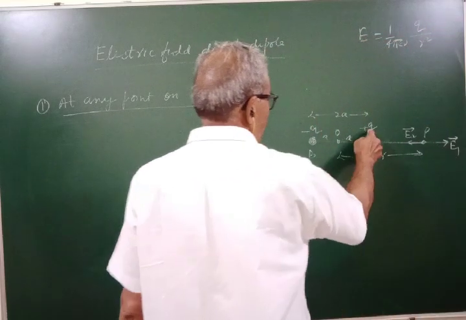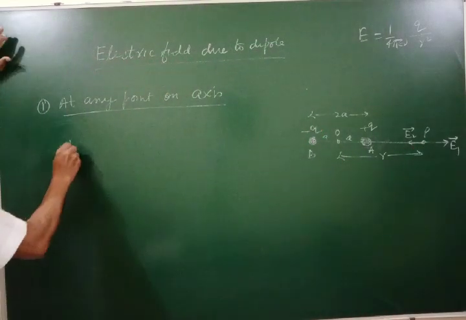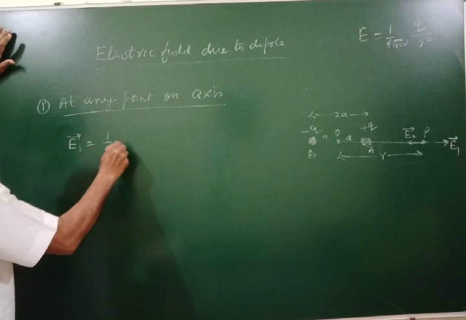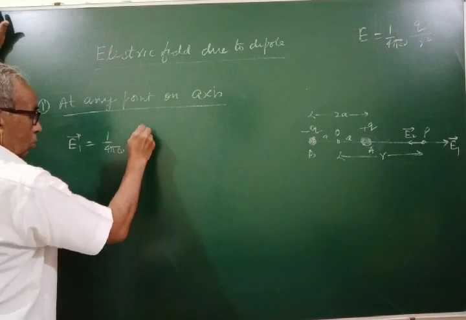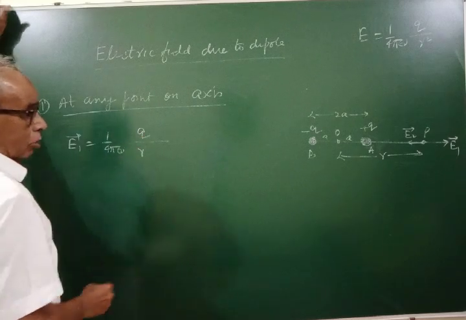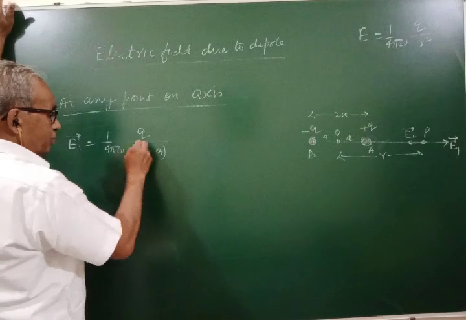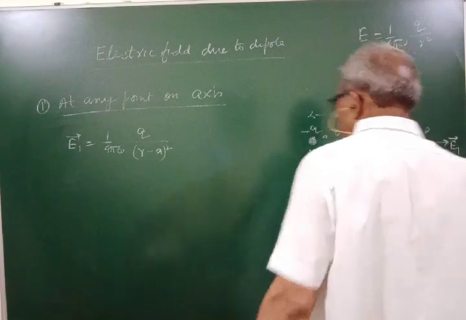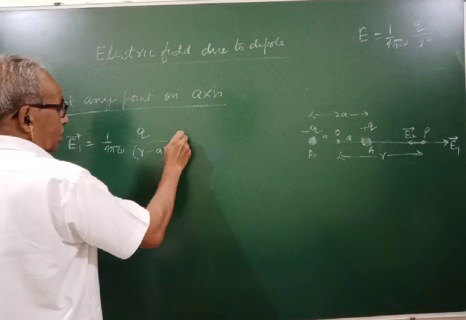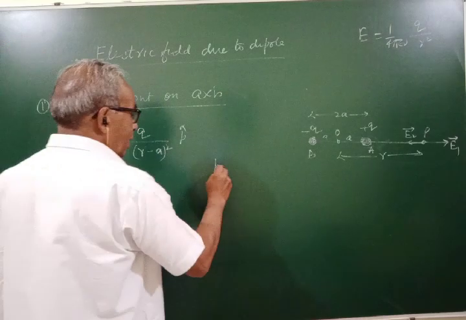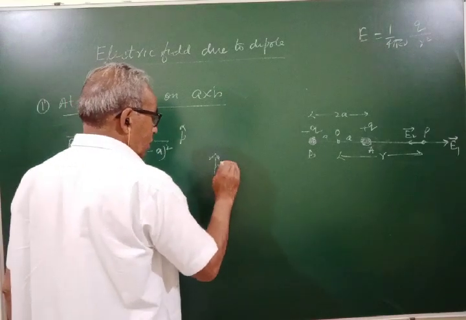So the field due to plus q charge at P is given by E1 equal to 1 upon 4 pi epsilon 0 q upon (r minus a) whole square, along p cap. This distance is r, this is a, and p cap is a unit vector.